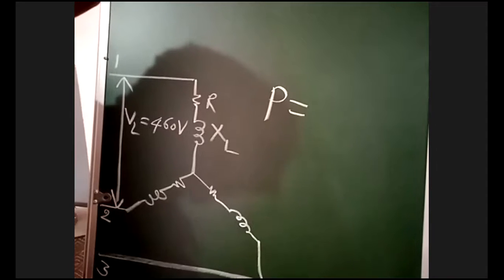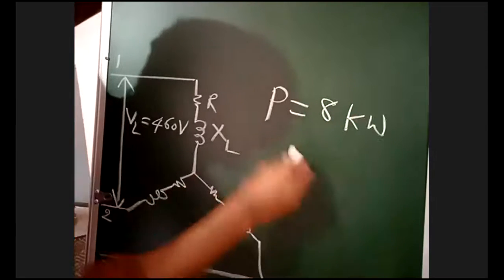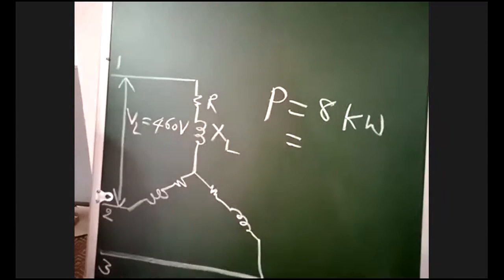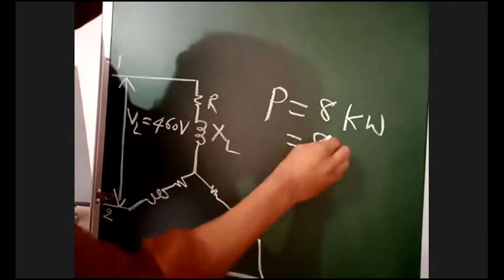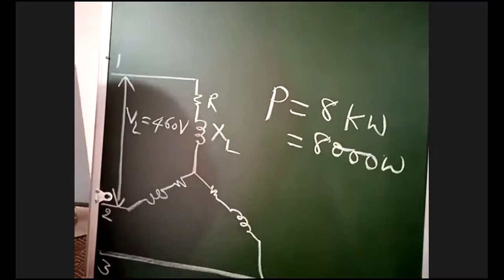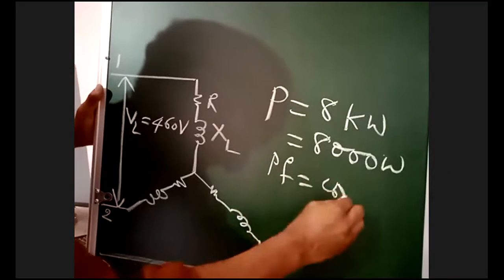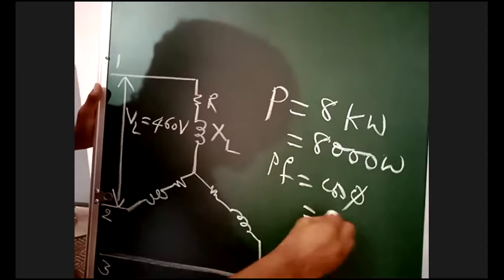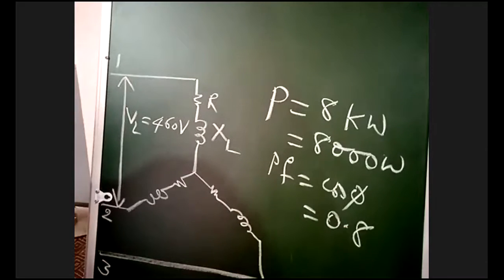Power I am asking. 8 kilowatts. See, 8 kilowatts means 8,000 watts. He is giving the power 8,000 watts, and power factor cos phi is equal to 0.8.